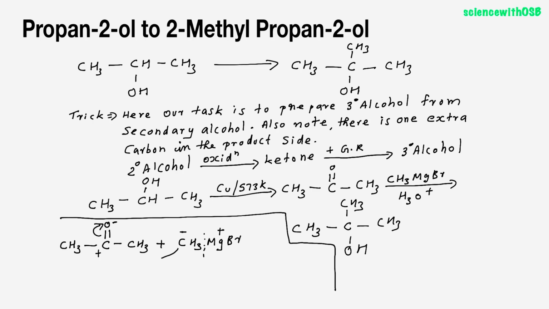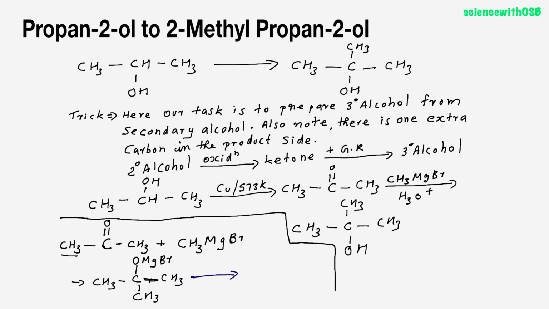Now this C minus will be attached to the C plus and MgBr will go towards O minus. So what will you get? CH3 on the carbon that had the positive charge, and on oxygen you will have MgBr, and you have a CH3 here.